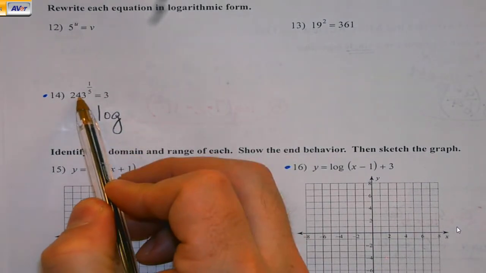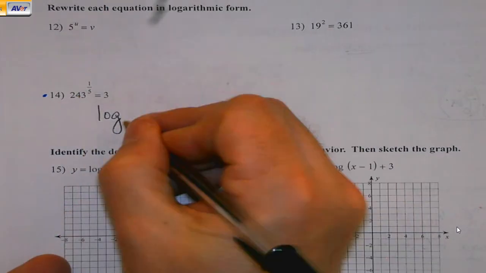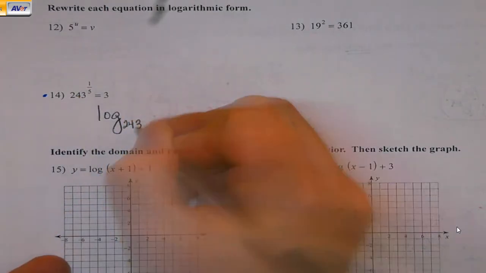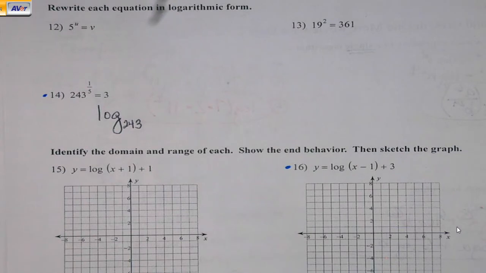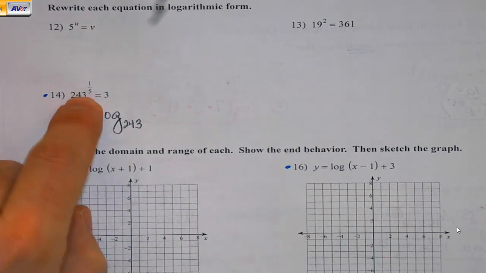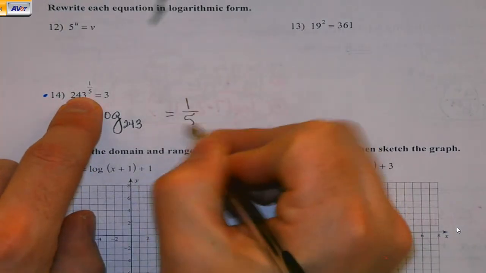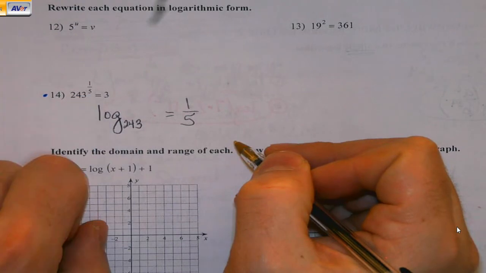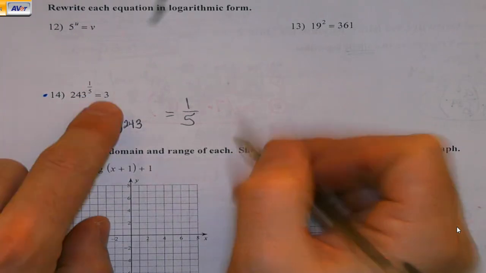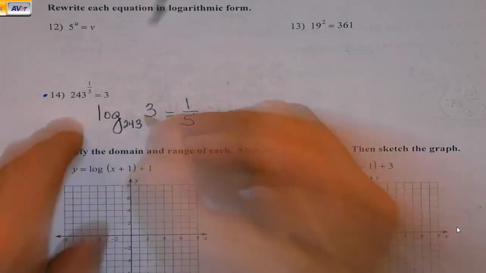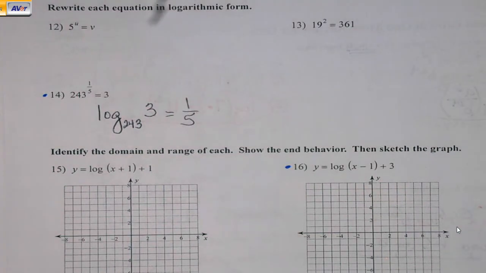When I'm talking about a base with my log, the base is the little number. Okay, I remember that part. And then I think a little more and I say, hey, the exponent was the answer before. And then all that leaves me with is the 3. You're like, okay.